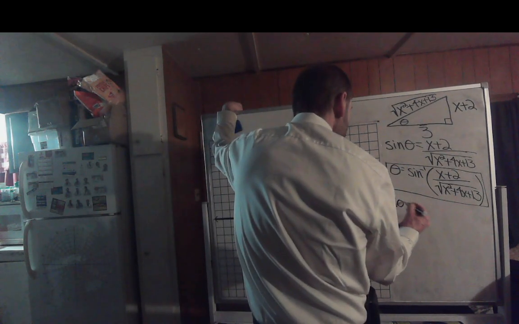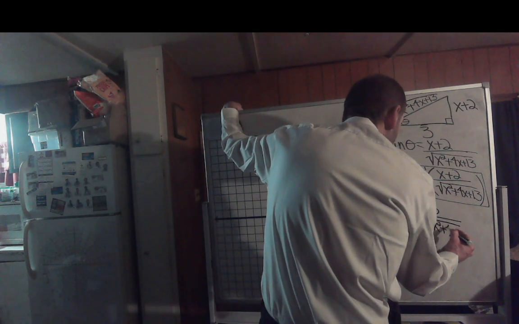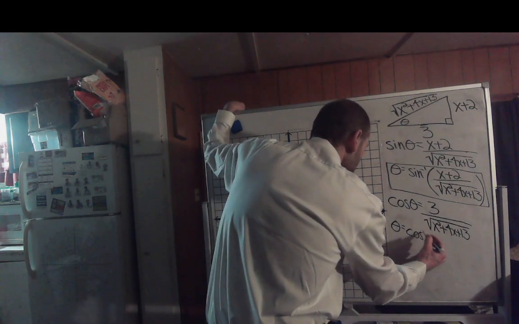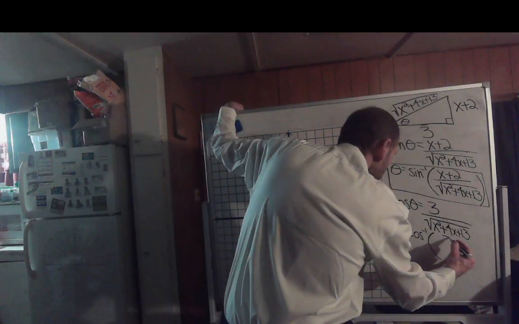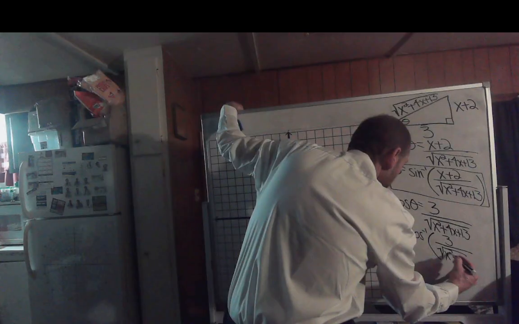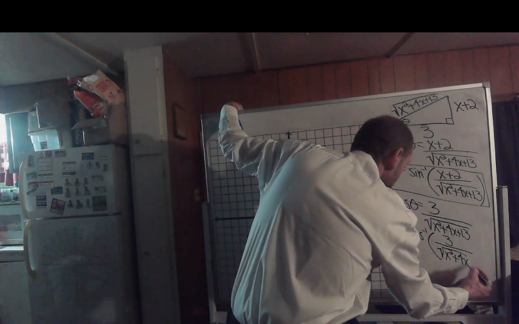Now let's deal with the cosine ratio. So the cosine of theta equals 3 over the square root of x squared plus 4x plus 13. So that means that theta equals the inverse cosine of 3 all over the square root of x squared plus 4x plus 13.